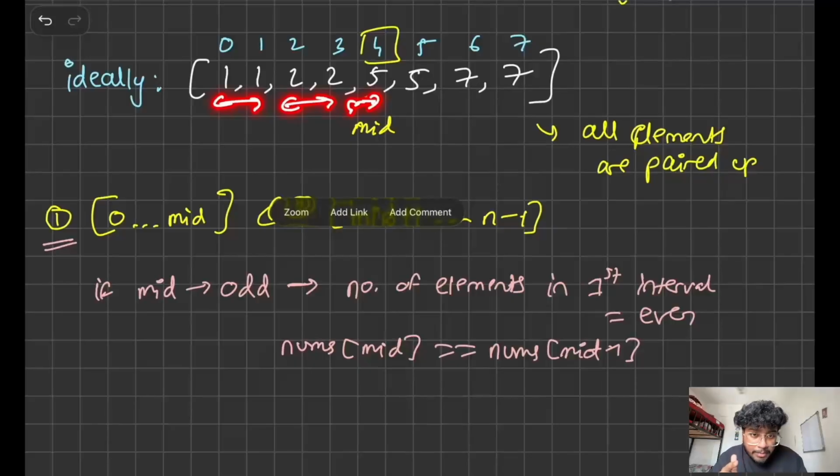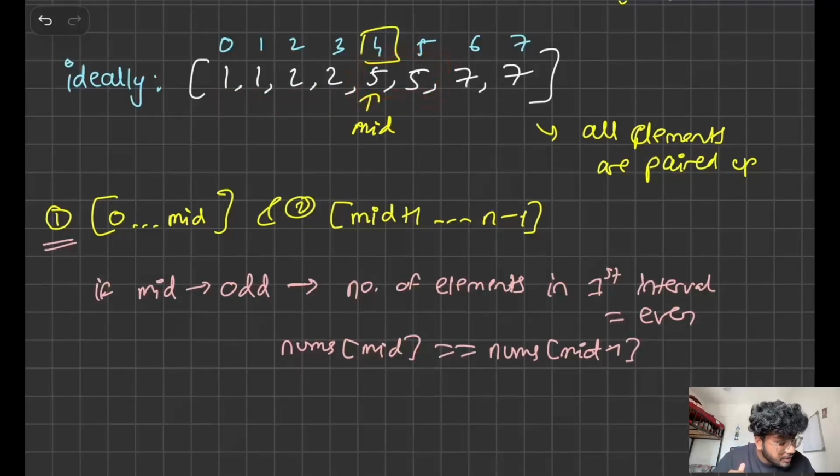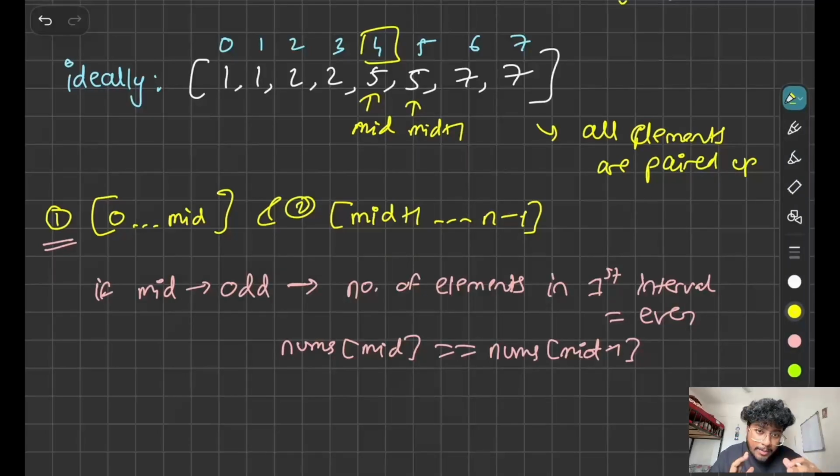So this 5's pair lies in mid plus 1. This is mid, and this is mid plus 1. So what I'm saying is, if my mid is even, then there are an odd number of elements in the first interval, so the other pair of nums of mid would definitely lie on nums of mid plus 1.